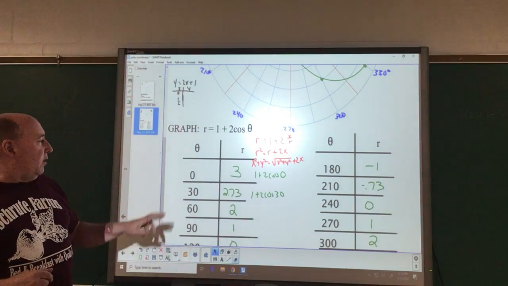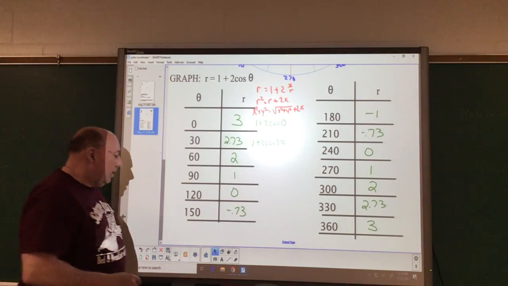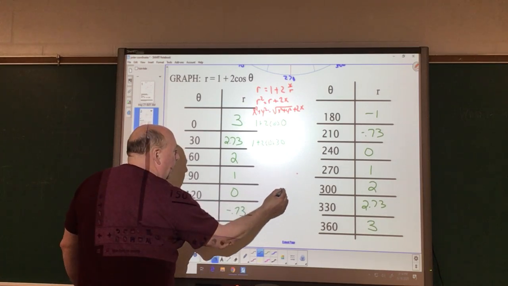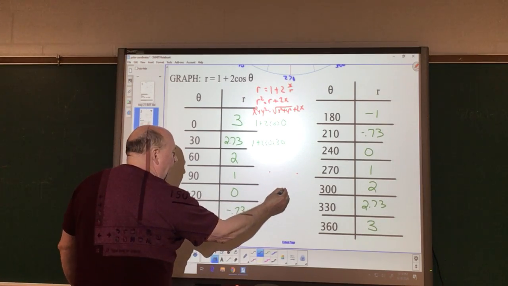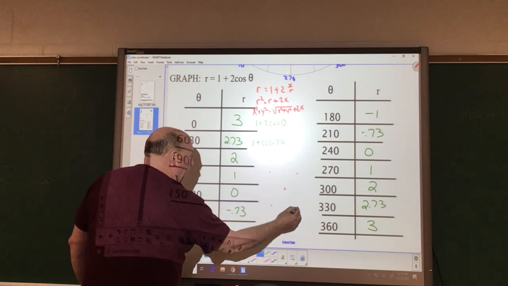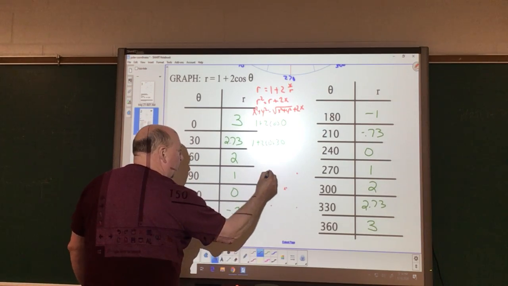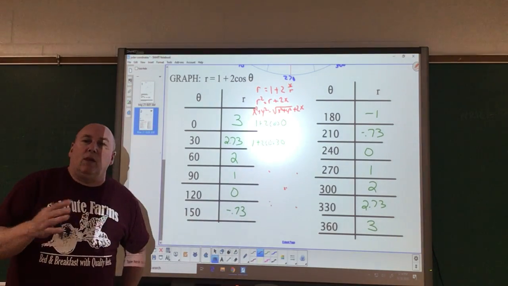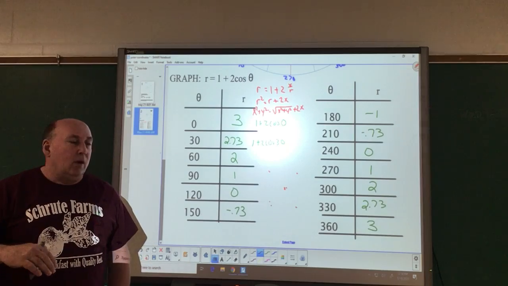Now, if you get a solution that starts in the middle, takes you to the point, back to the middle, back to the point, back to the middle, back to the point, back to the middle, and then just continues to repeat that cycle, that's going to be a 3-leaved or a 4-leaved rose.